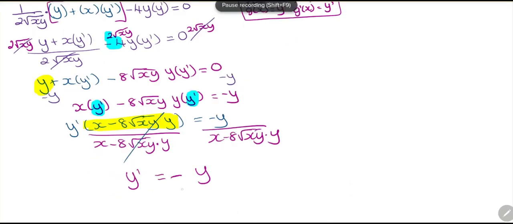So we're left with y prime equals minus y over x minus 8 root xy, and then we can rearrange, and we will have 8 root xy minus x.